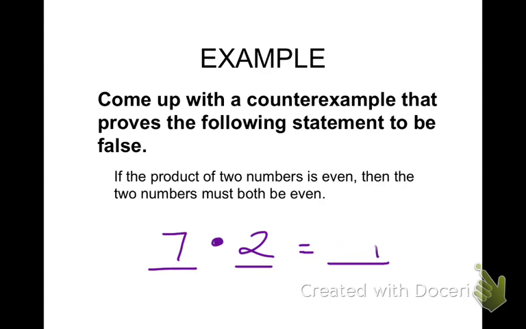That results in 14, which is an even number. So is my product of the two numbers still even? Yes. So my counterexample is true for the if, but it's false for the then. So then the two numbers must both be even. Well, here both my numbers are not even. One's even and one's odd. Okay? So that's a counterexample.